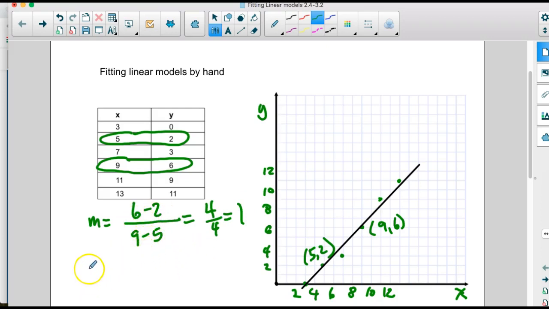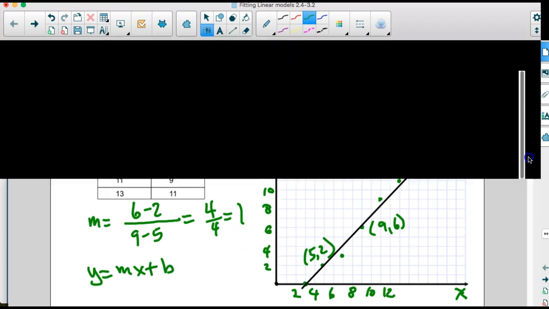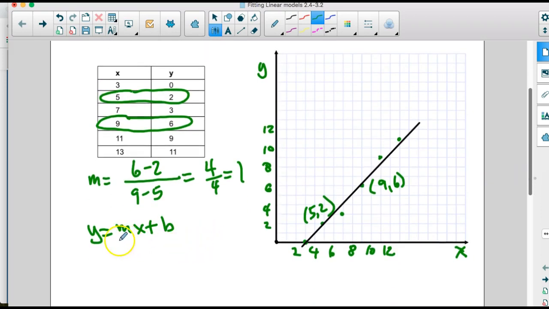Then what we want to do is find the equation of a line. So we're going to use, I'm sorry, slope-intercept form. We know the slope, so y equals 1x plus b. We're going to take one of these points, just 5, 2 here, and plug it in to find out what b is.